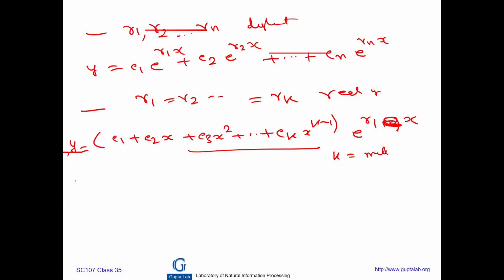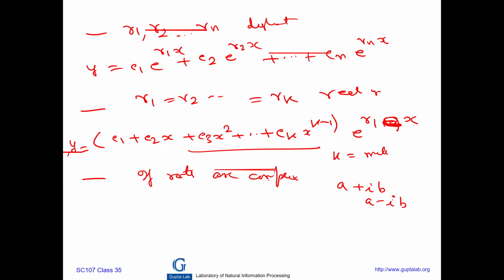So, if roots are complex, you know that complex roots always occur in pairs. If a plus ib is a root, a minus ib is also a root, right? So suppose a plus ib and a minus ib are roots, and suppose they are repeated a certain number of times.